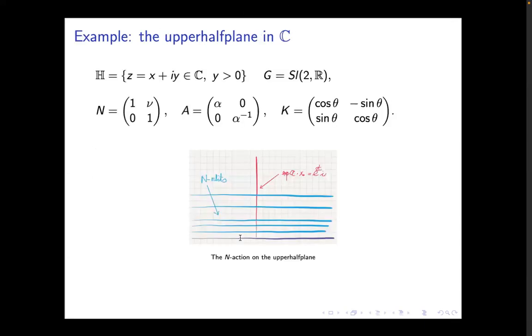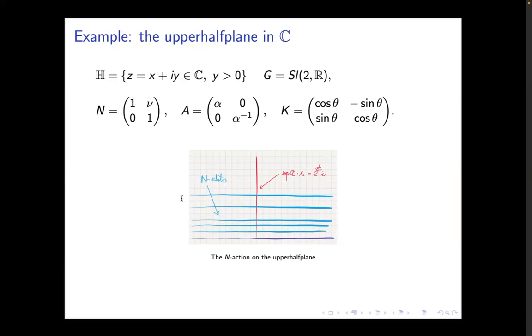The simplest example is the upper half plane. Here G is SL2R, and N is the subgroup of upper triangular matrices with ones on the diagonal. A is the diagonal matrices, and K is the orthogonal subgroup.